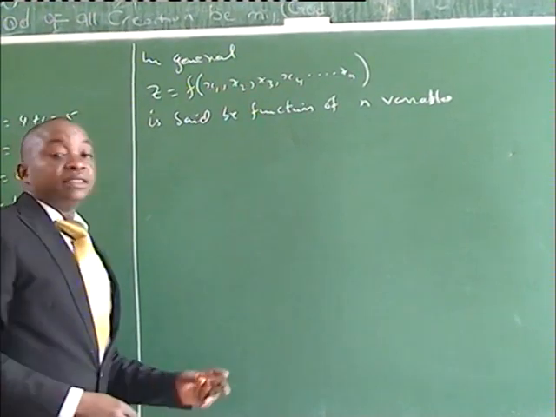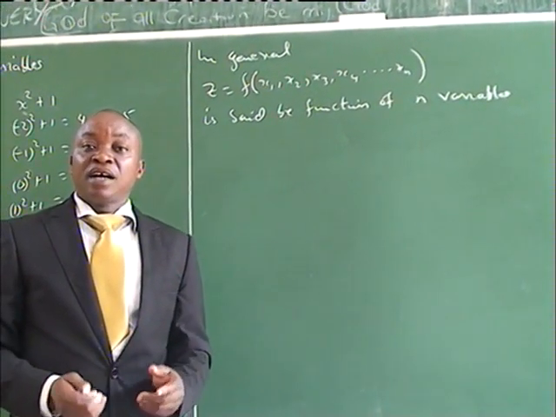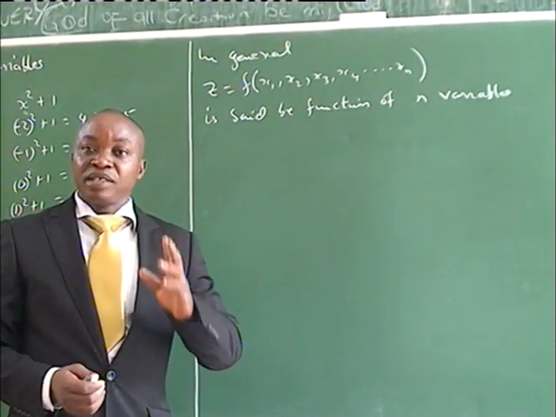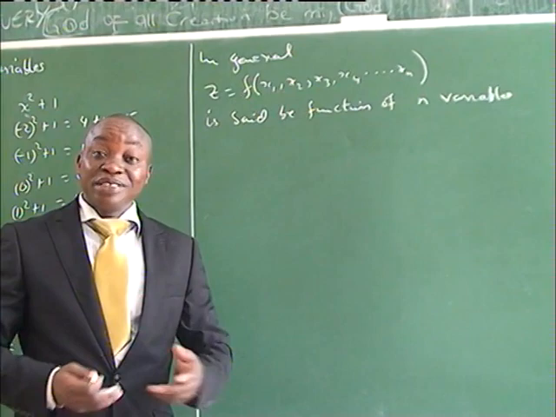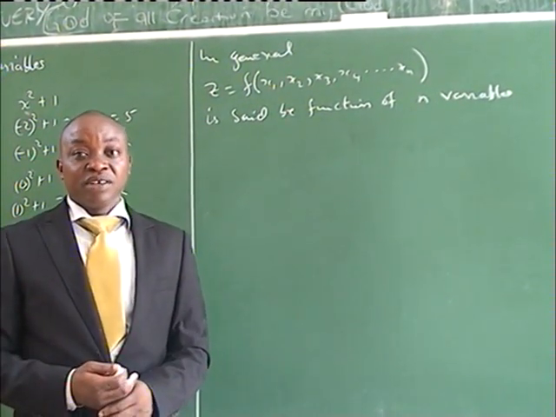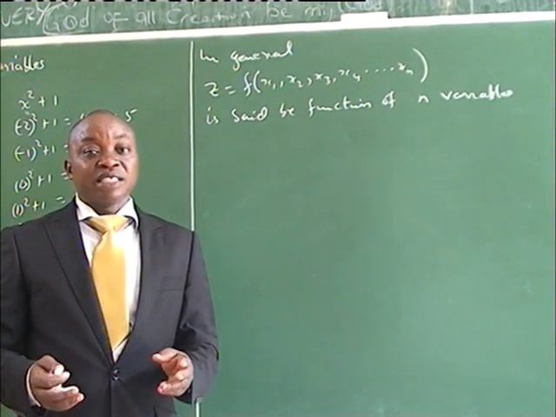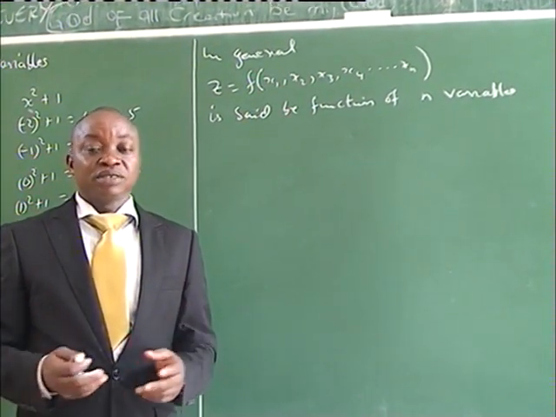Now there are some things that are not a function of one variable. Many things in the world don't depend on one. They depend on this and they also depend on another. By the time we look at our package for applications, you will see such things.